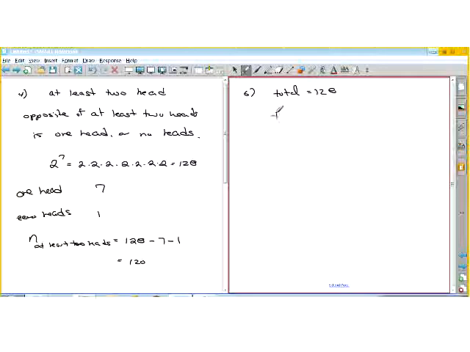And there are really only 2 possibilities that are opposite of at least 1 of each. That means two possibilities of the complement.